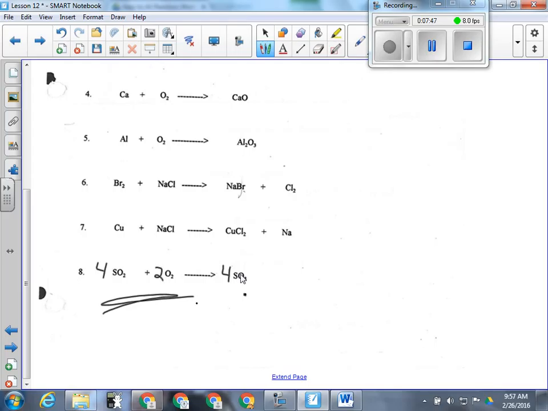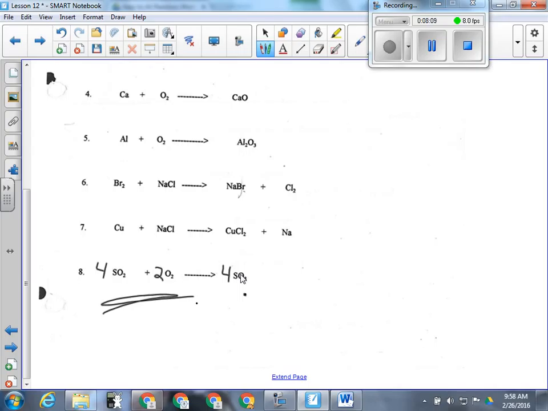Okay, it's balanced, but it's not correctly balanced because 4, 2, and 4 can be reduced. It always needs to be in the lowest terms. So once in a while, you'll balance something with bigger numbers than you needed, and we always reduce them down to the lowest form.